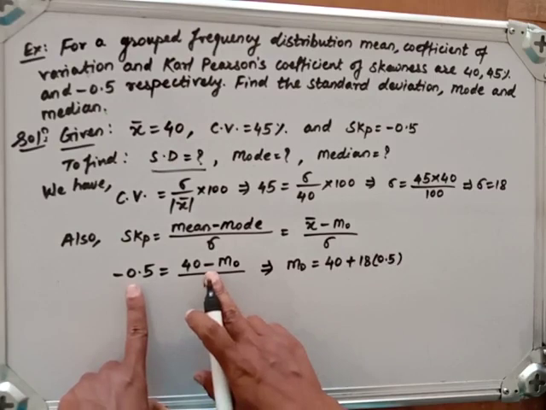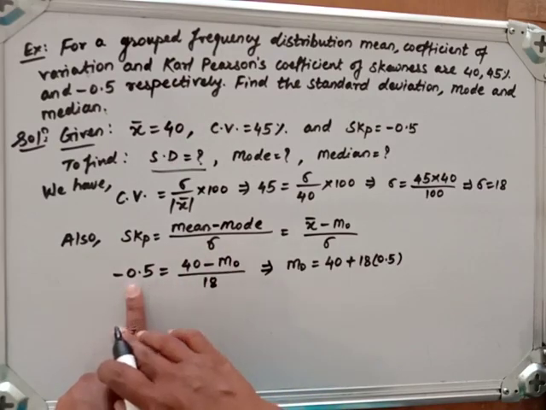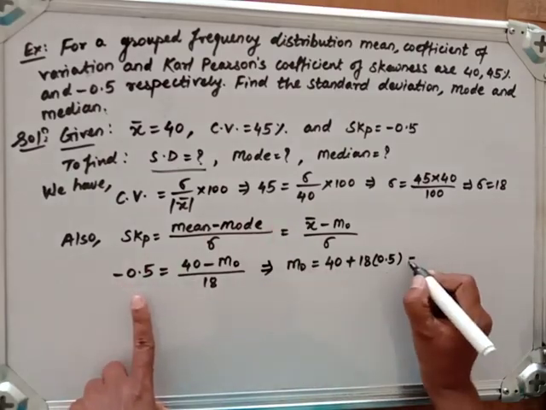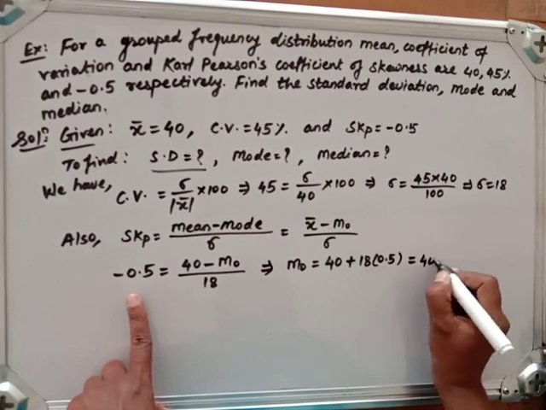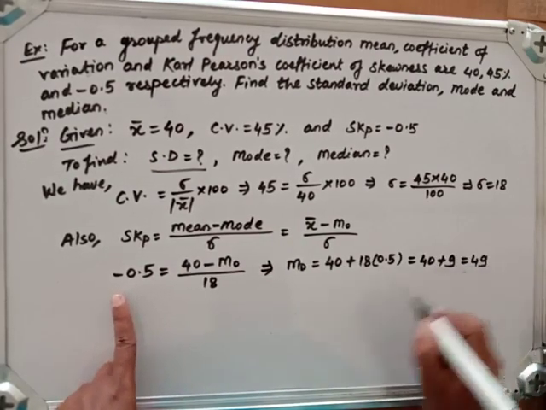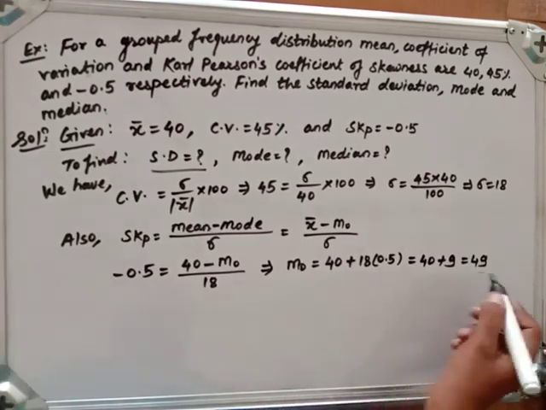This is minus, this is also negative, so this minus will become positive. So this is 40 plus 9. So mode is 49.